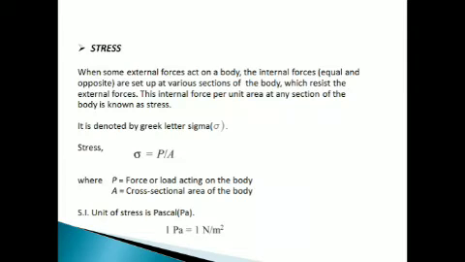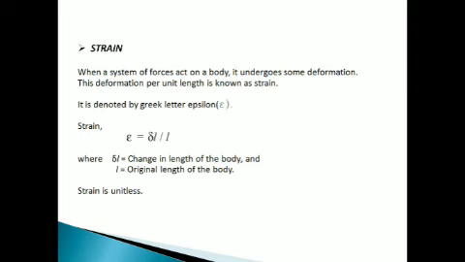Coming to the next slide. Strain is defined as, when a system of forces act on a body, it undergoes some deformation. This deformation per unit length is known as strain or unit strain.